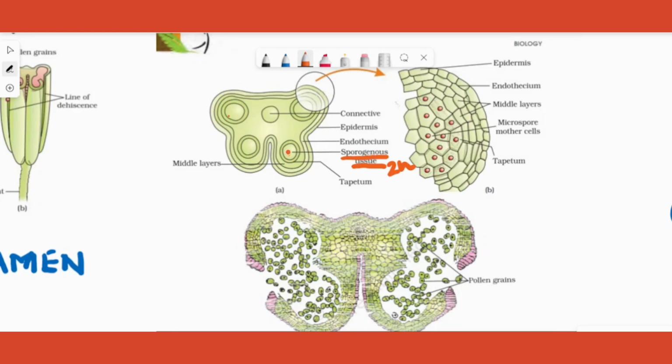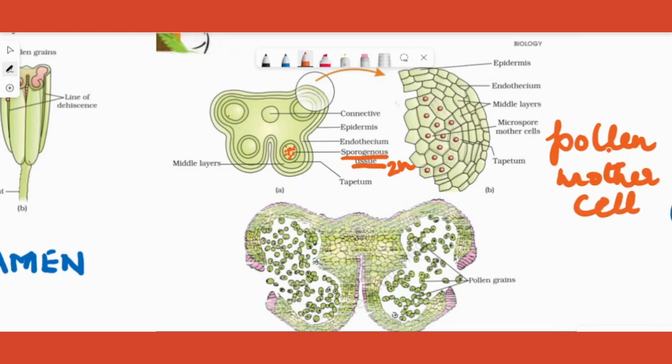Obviously, tissues will have cells like so. All these cells have the ability to form pollen. So, we call those cells pollen mother cells, because they have the ability to become pollen.